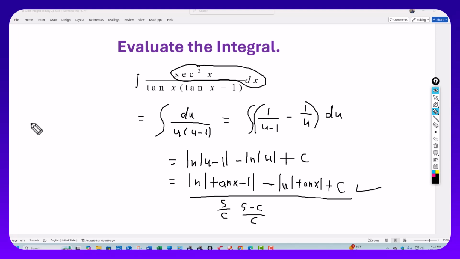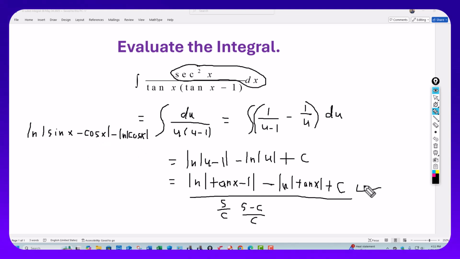Then you can break it up using properties of logs. When you have a fraction, you can write it as the natural log of the numerator minus the natural log of the denominator. So this would be natural log of the absolute value of sine of x minus cosine of x, minus natural log of the absolute value of cosine of x.